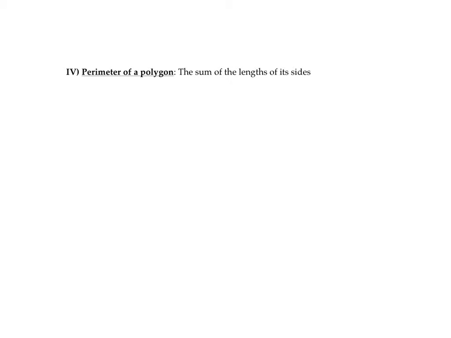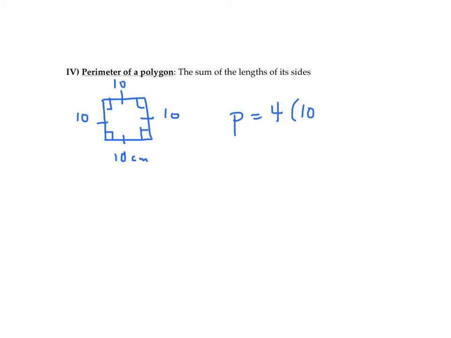The perimeter of a polygon is just the sum of the lengths of its sides. So it's the distance around an object. So if we had a square, and each of these sides had a length of 10, we'll say 10 centimeters, the perimeter would be equal to 4, which is the number of sides, times the length of each side.